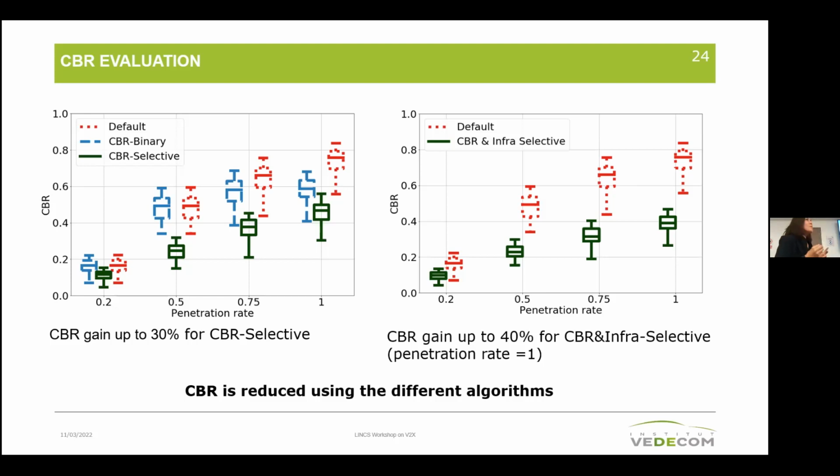We expected CBR binary to reduce the channel busy ratio, but it did not, because CBR selective reduces the packet size, and that had more impact than just giving up the complete packet.